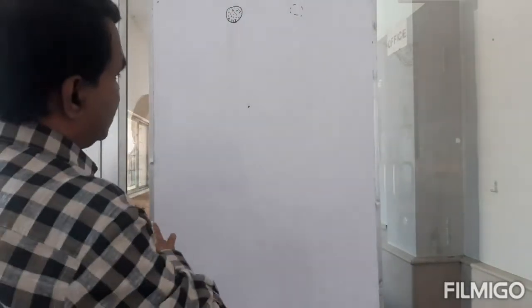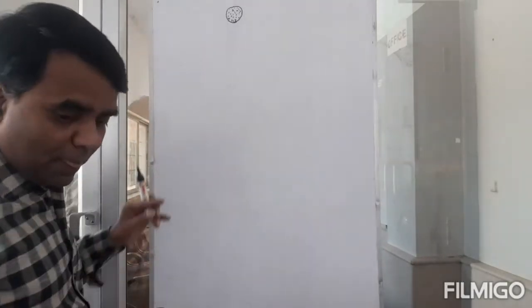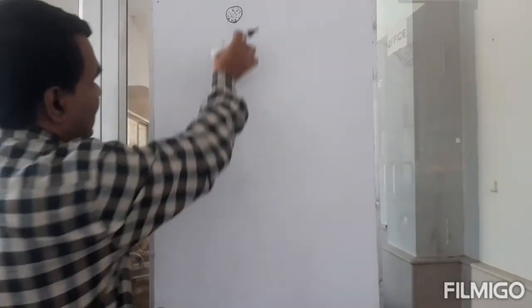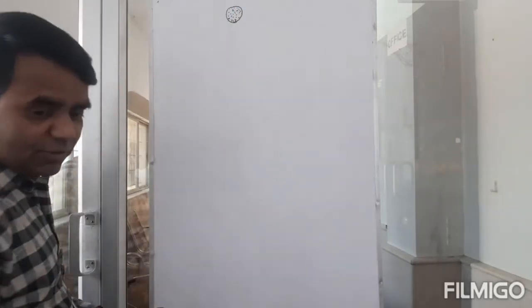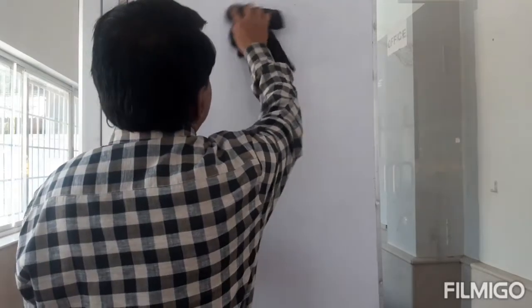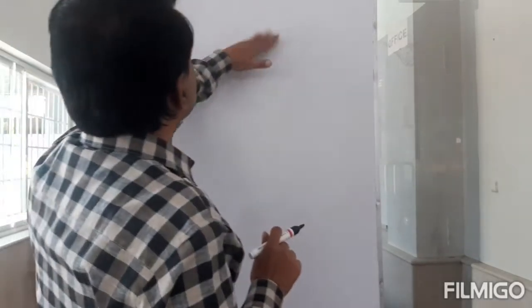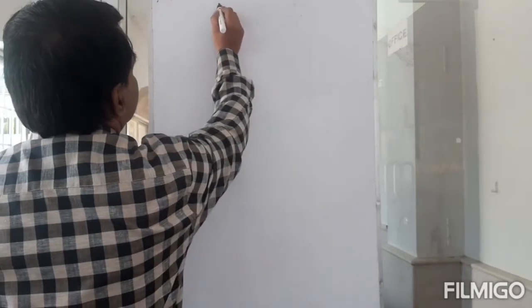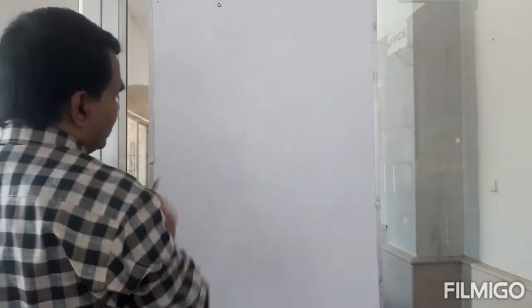But if you want to see the interference patterns, then what I'm going to do is take this single source and go farther away from that source. If I go farther away, let's say this becomes smaller and smaller, something like this.